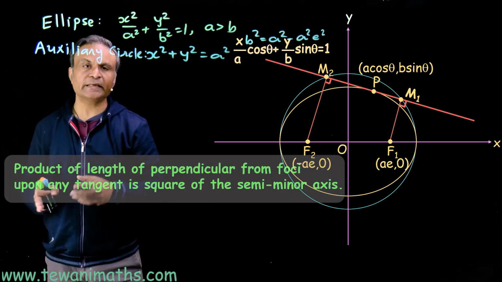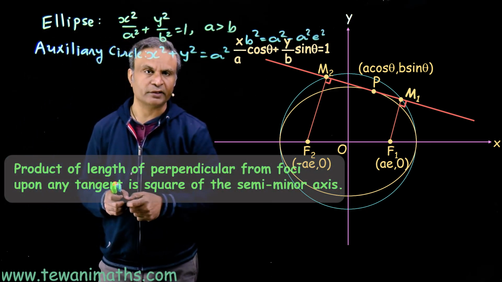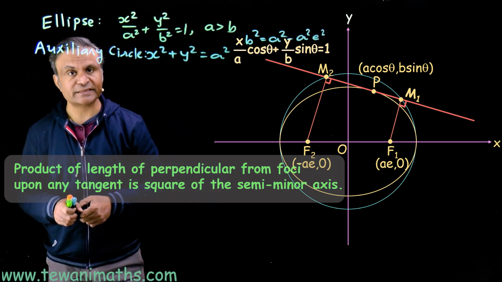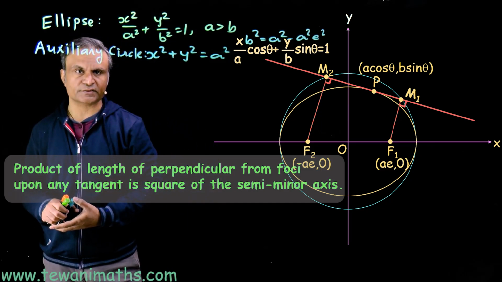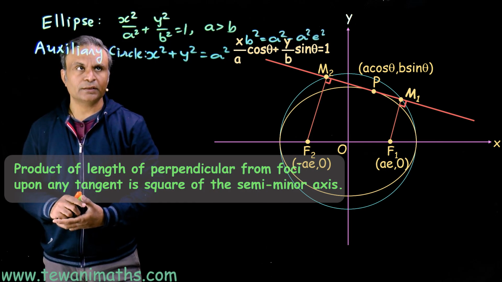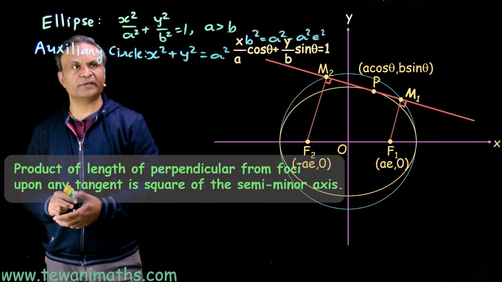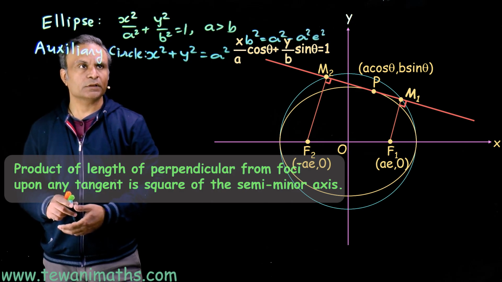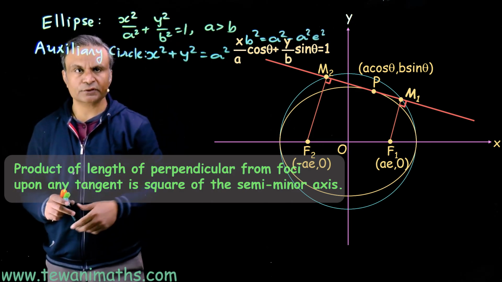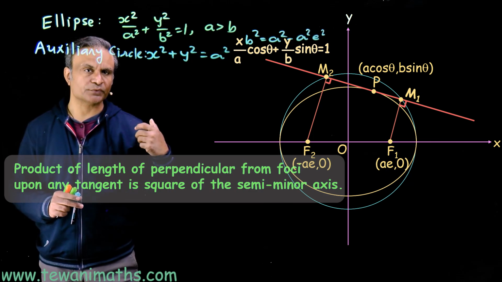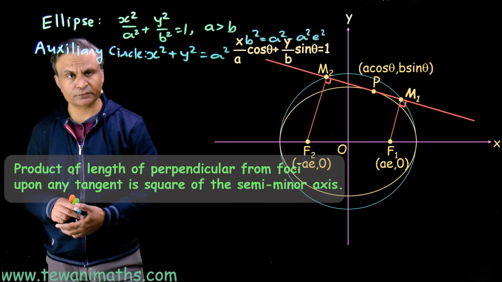We have this property. Product of length of perpendiculars from foci upon any tangent is square of the semi-minor axis. इसको मैथमेटिकल इक्वेशन के फॉर्म में लिखते हैं. Now here we have this ellipse. Okay, a is greater than b, so semi-minor axis is b.